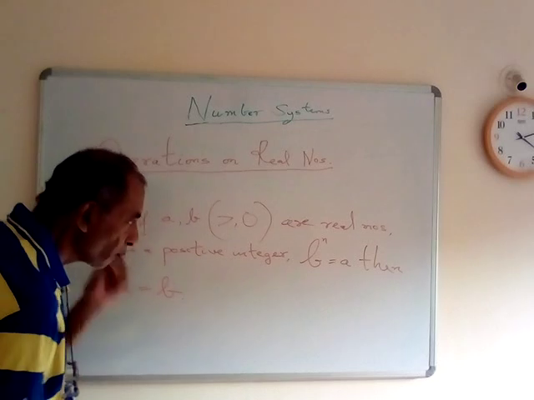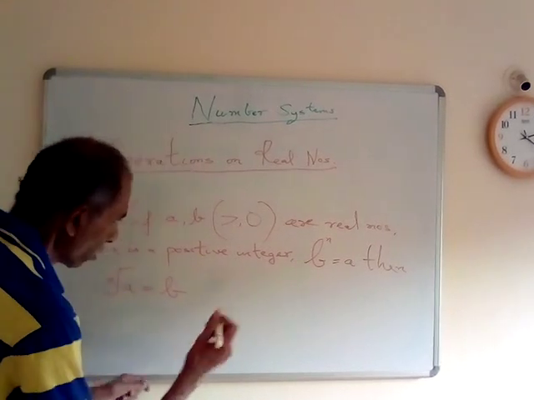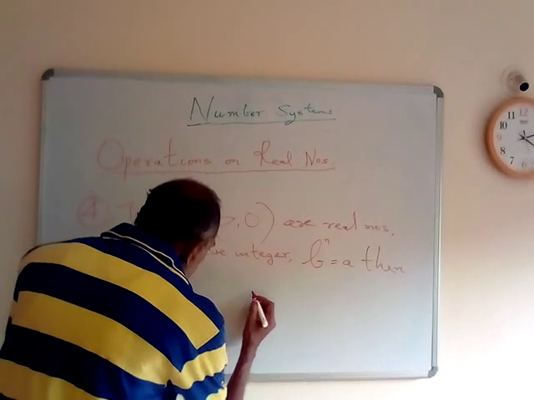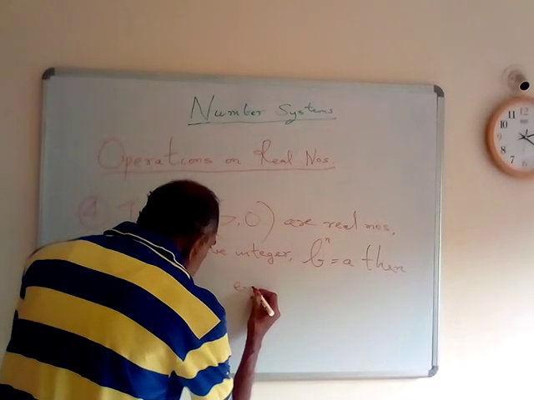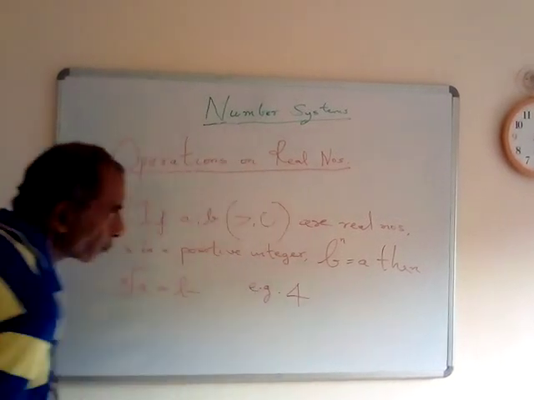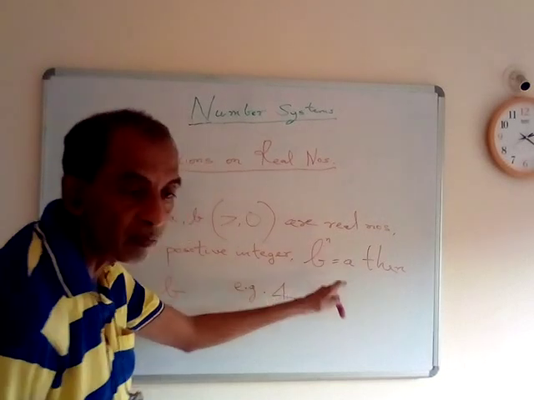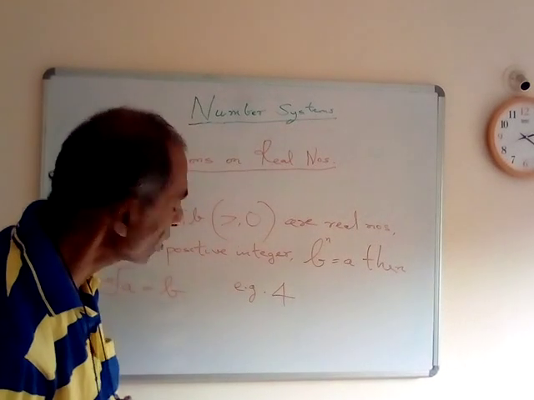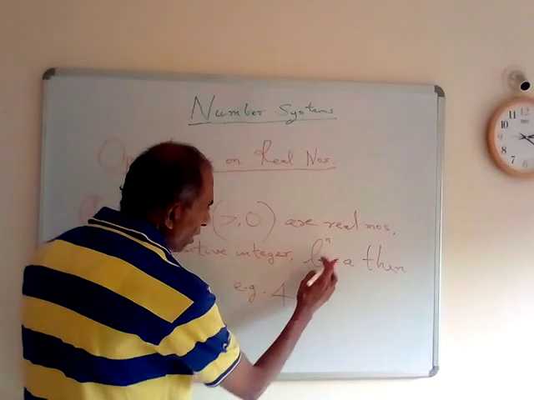Now we'll take b to be 4. For example, the value of b is 4, and the value of n is equal to 2. So b is 4, n is 2.